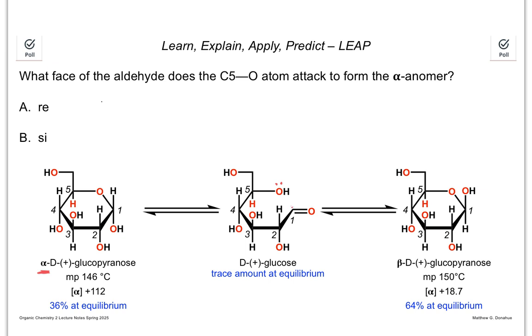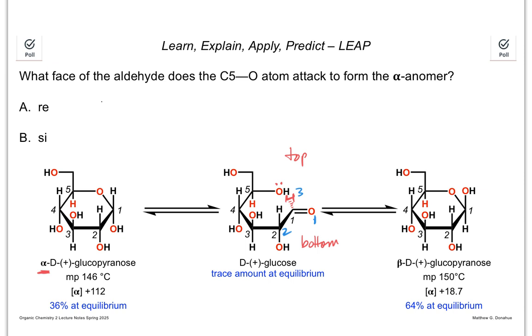I'm gonna squeak this hydrogen in here. And in blue, I'll write the priorities. So oxygen's 1, carbon 2, hydrogen 3. So stated a different way, to form the alpha anomer, do we have to attack the top or the bottom face?